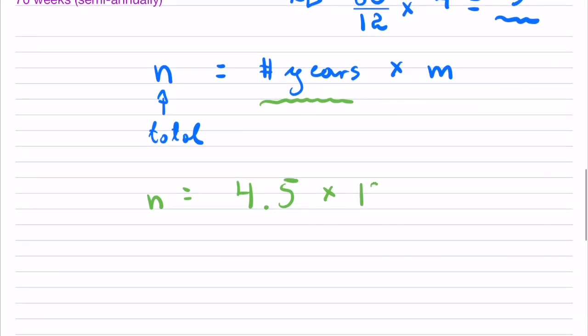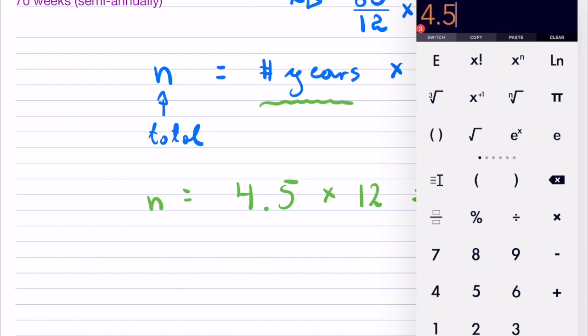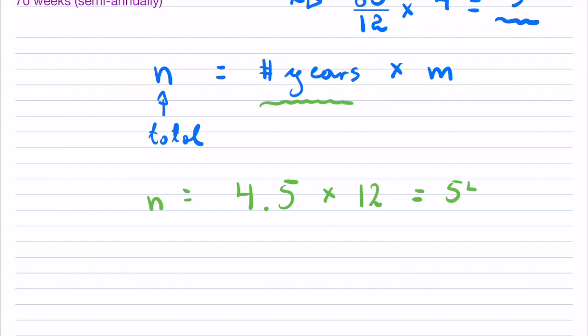So 4.5 times 12, and we can get our n. In this case it gives us a nice number, which is 54. So that would mean that this investment or borrowed amount had 54 terms that were compounded on a monthly basis.